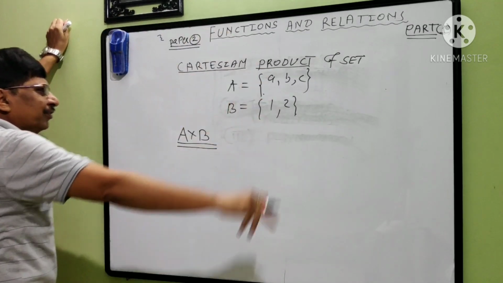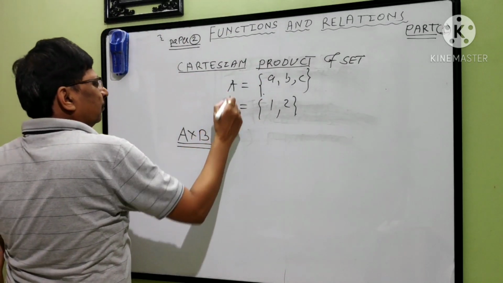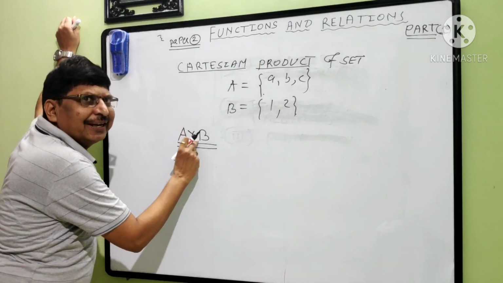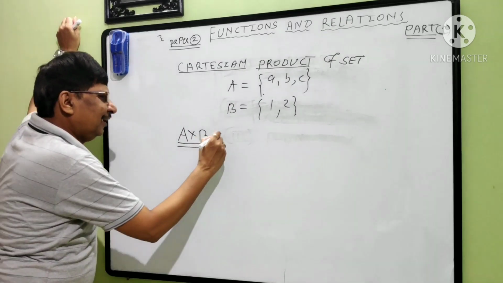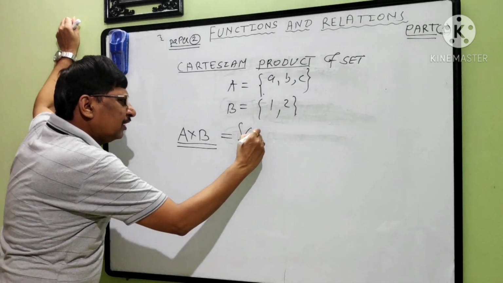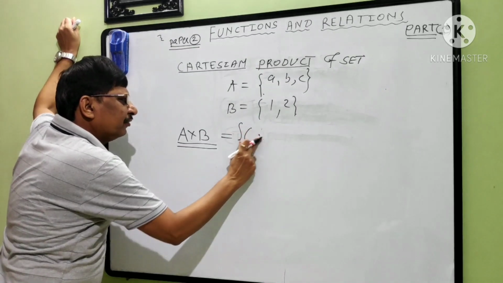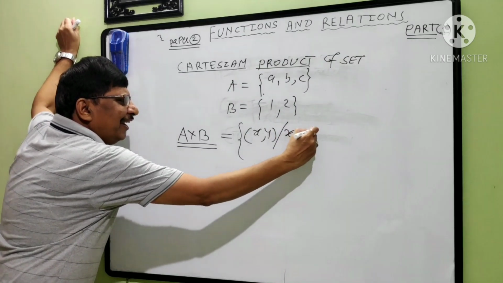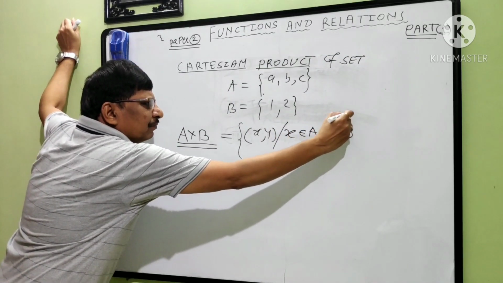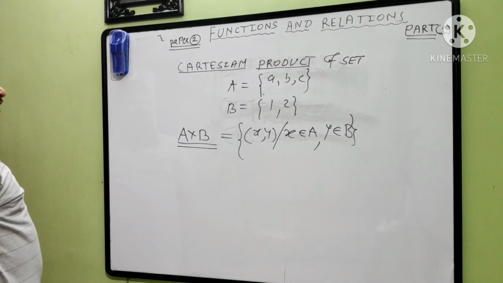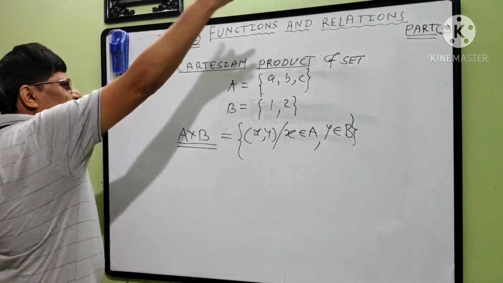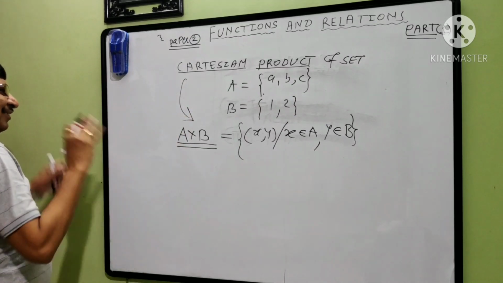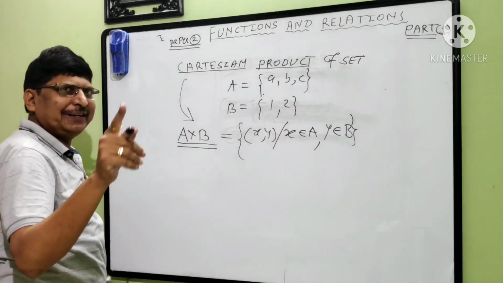If A and B are any 2 sets, then the Cartesian product is denoted by A cross B, and it is a set of all ordered pairs (x, y) such that x belongs to set A and y belongs to set B. First of all, it is a set.